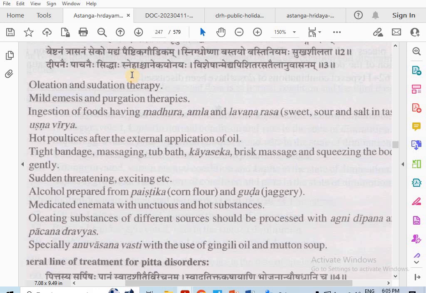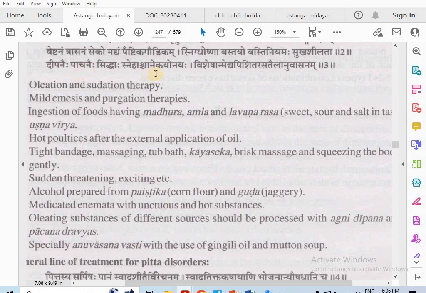But sneha here you should consider as oleating substances, of different sources, and they should be processed with two things: one is Agni Deepana, which increases your hunger, and second, Pachana, which increases your digestion also.